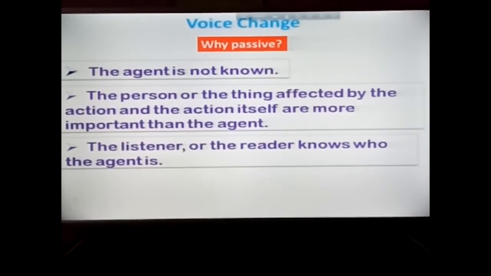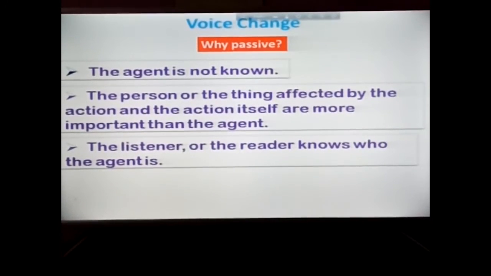For example, we can say that a new law will be passed in the parliament to curb corruption. Now, we can say this in the passive voice because everybody knows who passed a law in the parliament. It is obviously the government, the members of the parliament. Everybody knows this, and because everybody knows this, we can use a passive voice.